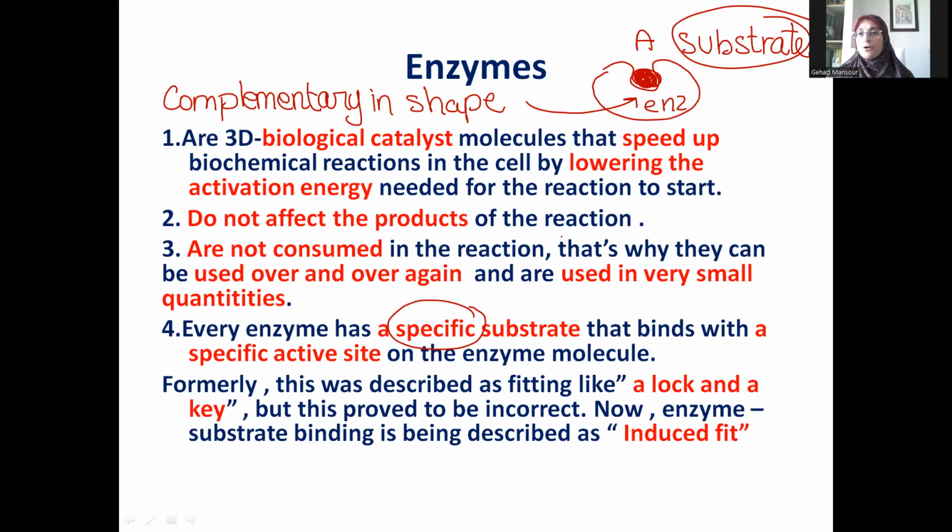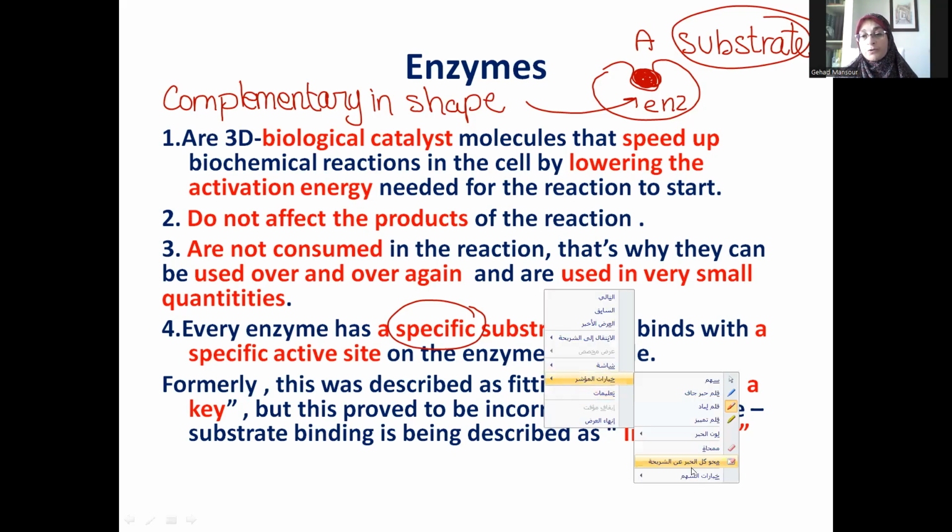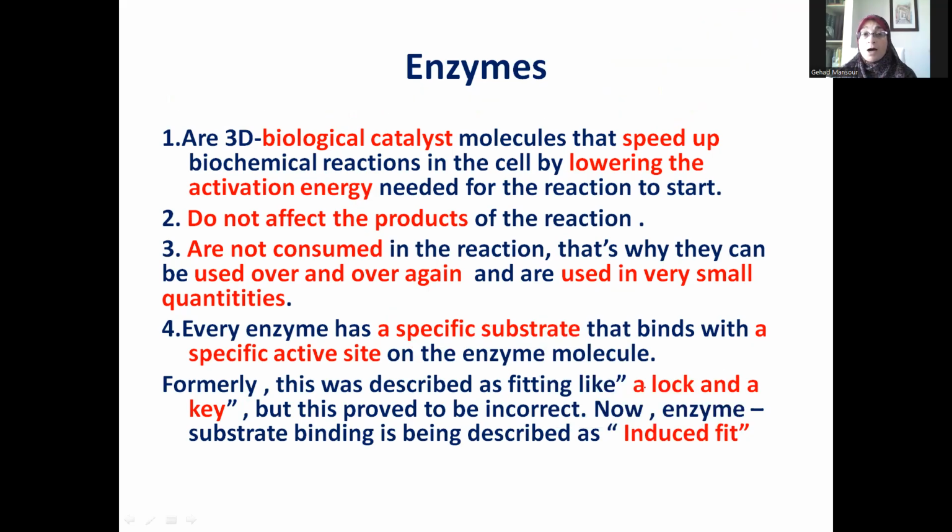We have covered all this, and this was a necessary introduction to focus now on two new concepts, which are how enzymes speed up chemical reaction. Enzymes speed up chemical reaction by lowering the activation energy, which is the minimum energy needed to start a chemical reaction.